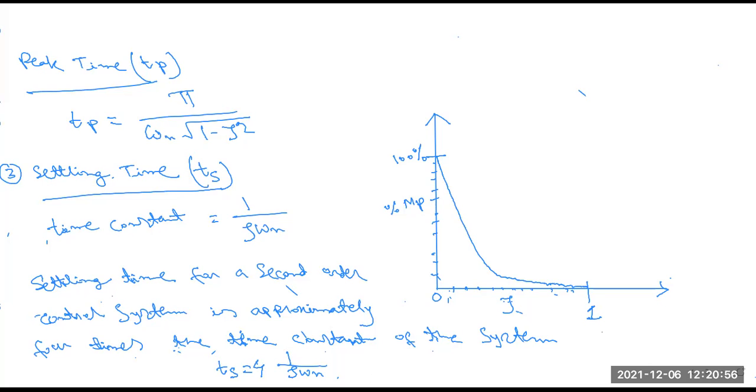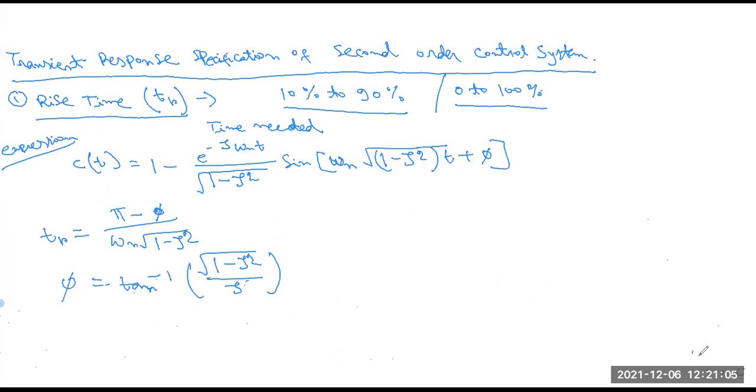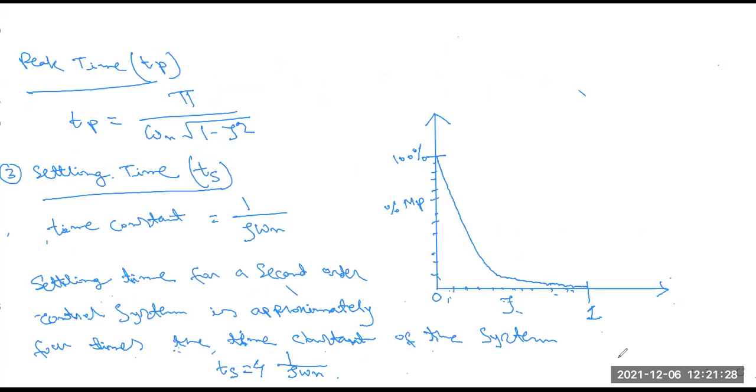Okay, is this clear to all of you? Up to this part it is clear. We discussed previously the transient response specifications of the second order control system: the rise time TR, then the maximum overshoot MP, expressed as a percentage of the maximum overshoot value, which are the transient peak values also.